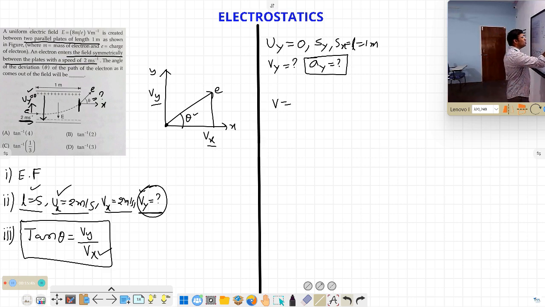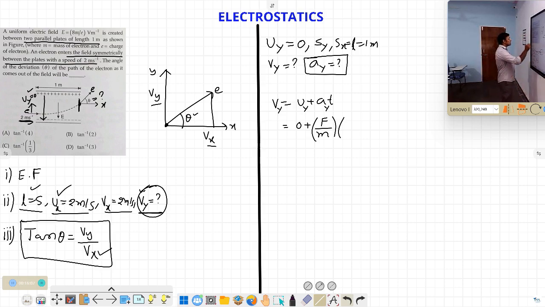You take the concept of v is equal to u plus at. In this concept, vy is equal to uy plus ay t, I can take this formula. So vy is equal to uy, the initial vertical velocity, that is 0, plus a, the acceleration. I can write acceleration in terms of force by mass, into time. Time is not given.